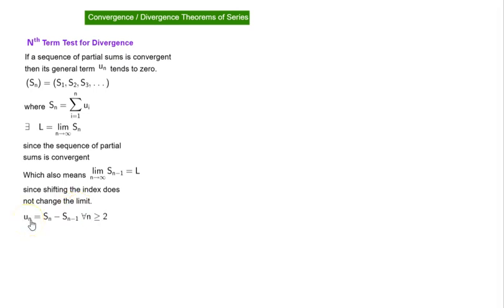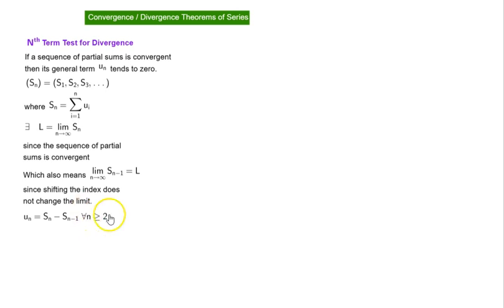u sub n is equal to S sub n minus S sub n minus 1 for all n greater than or equal to 2. Why this particular condition? Because if we say 1, then we will end up with S sub 1 minus S sub 0, and S sub 0 is not there here.